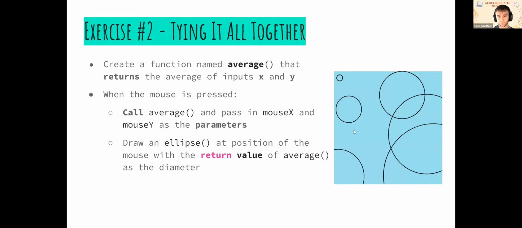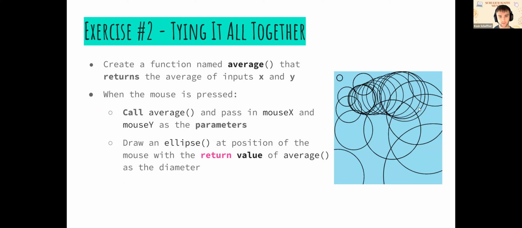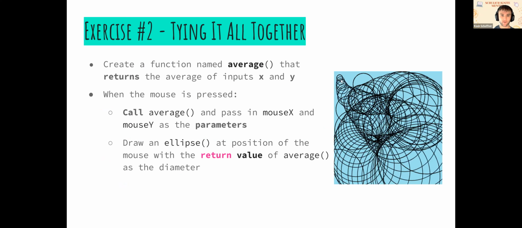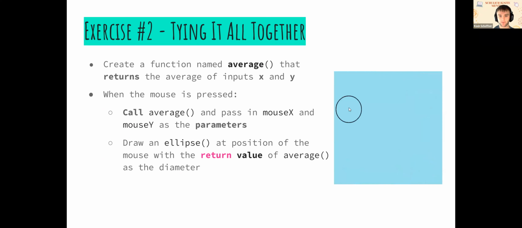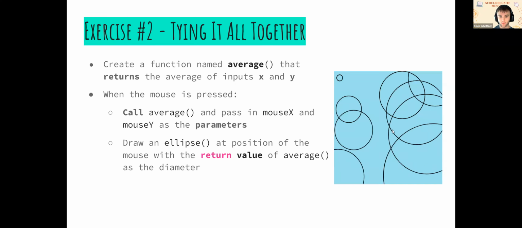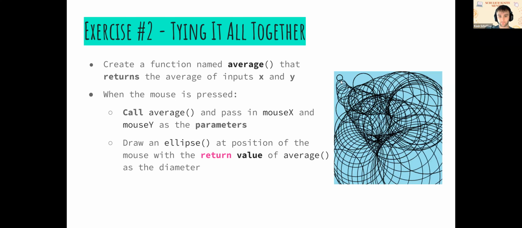To build on that, this brings us to our next exercise. We want to create a function named average that returns the average of inputs x and y. So it's going to return a value. When the mouse is pressed, we want to call average and pass the mouse x and y in as parameters.